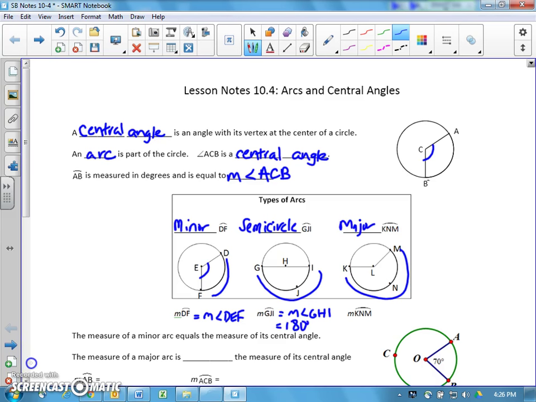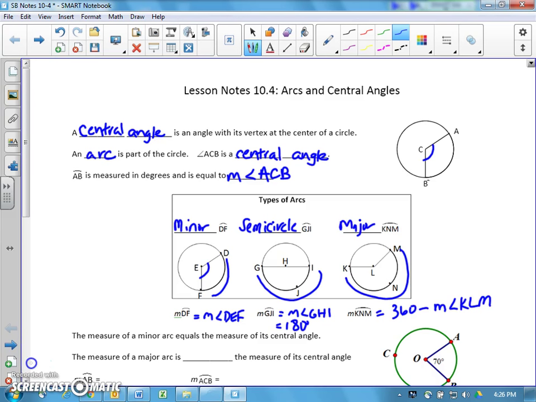For arc KNM, we would need that reflex angle, which we can calculate by finding 360 degrees minus the measure of angle KLM.